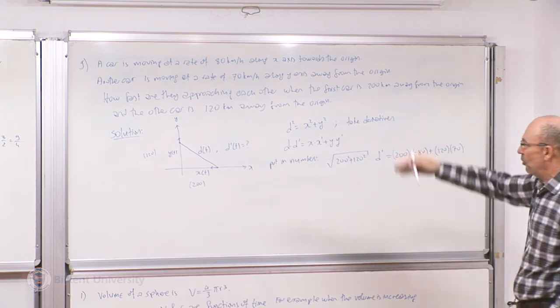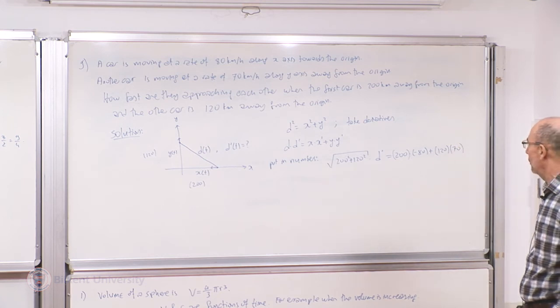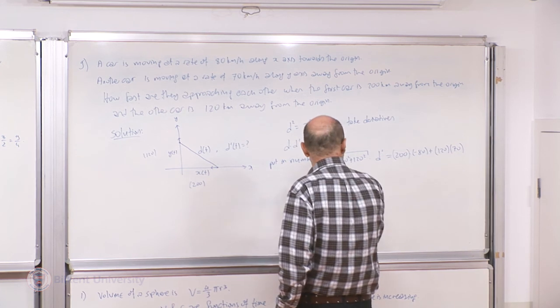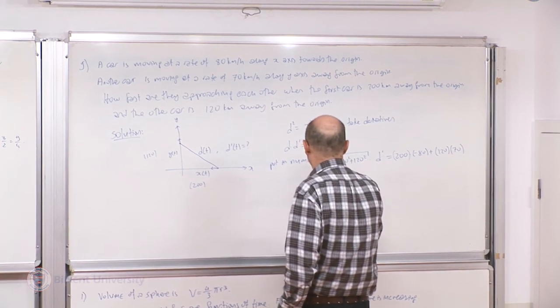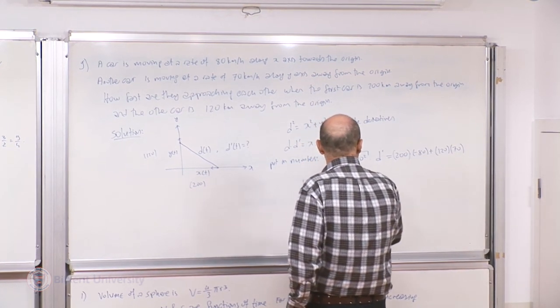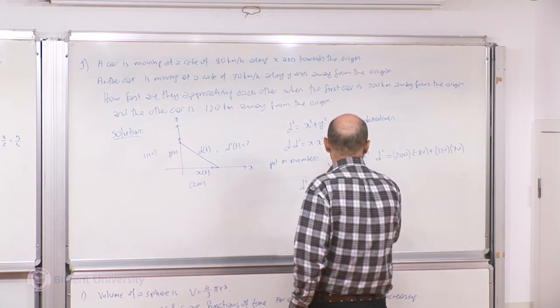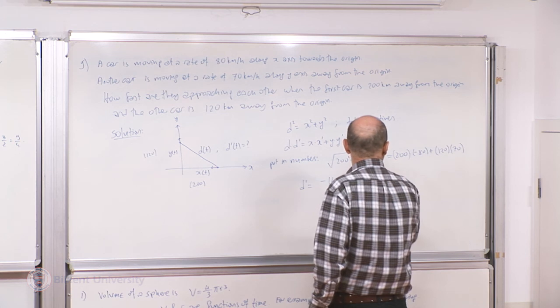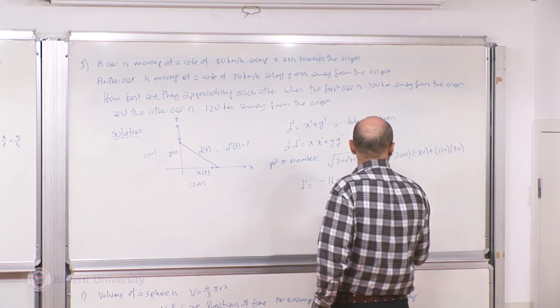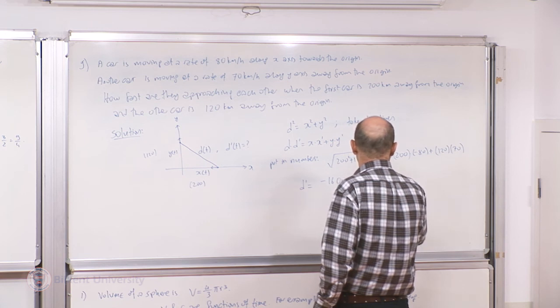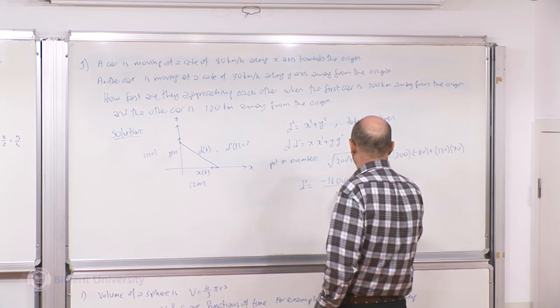It is plus because it is going in that direction. So from here solve for d prime. So d prime is minus plus, what is this, 84 over this.